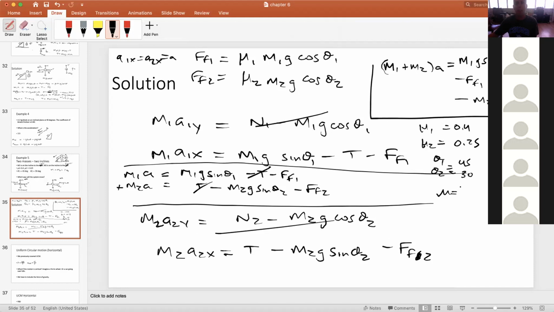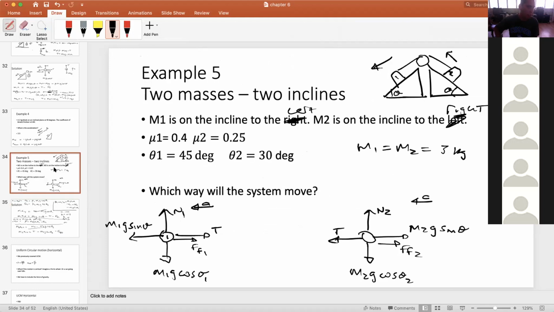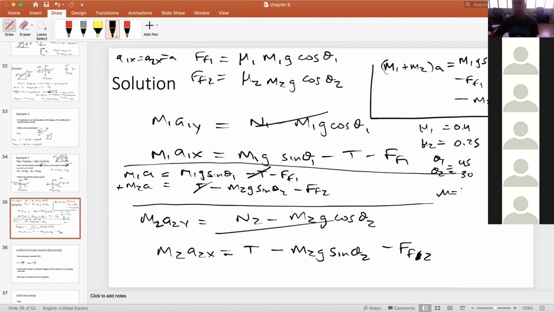And M was 3 kilograms. Yep, 3. All right, so just plugging these numbers in here. M1G sine theta 1 is 3 times 9.81 times sine of 45. That's 20.81.